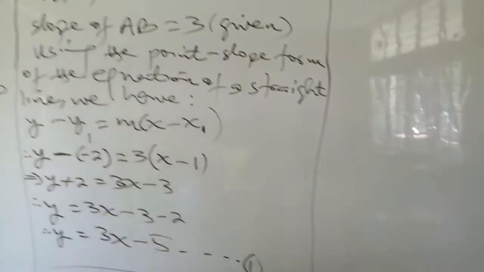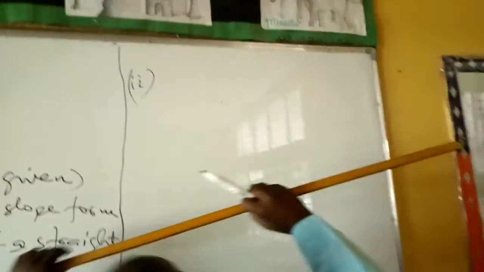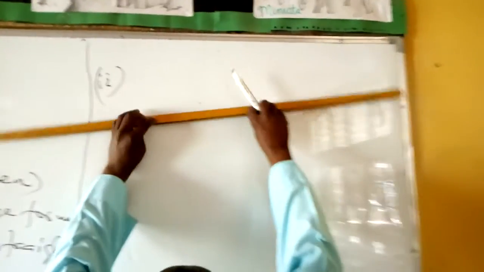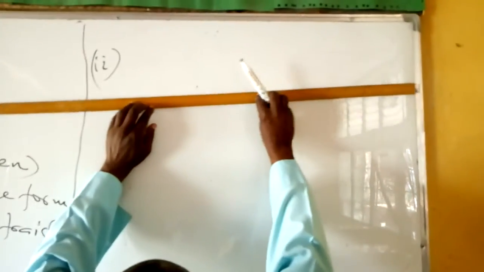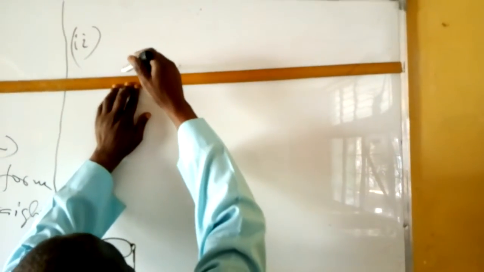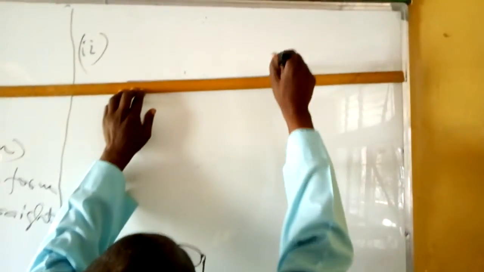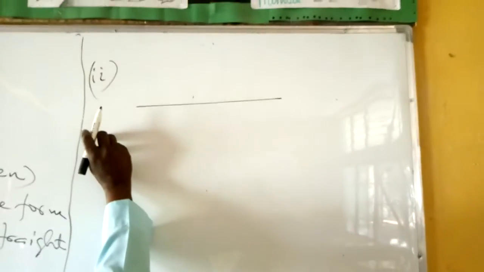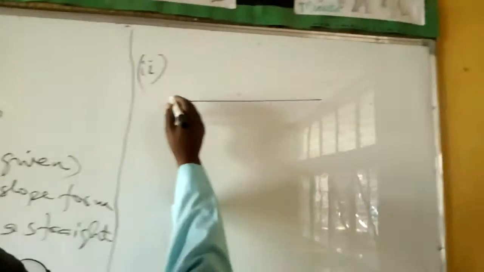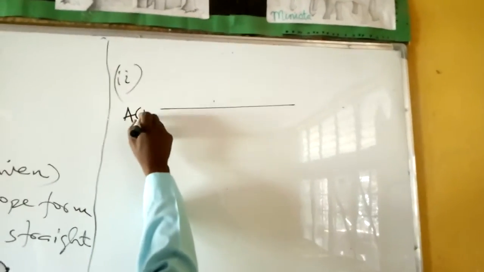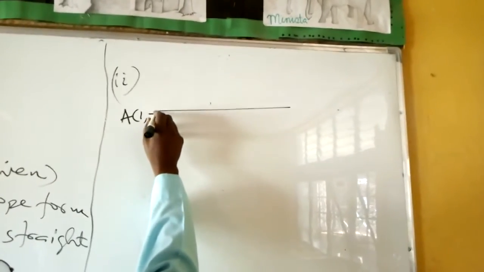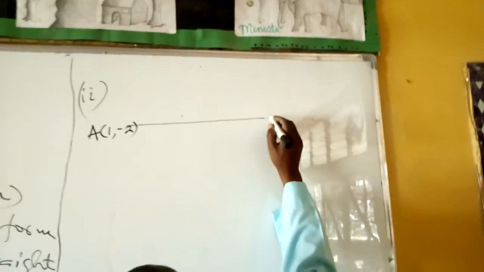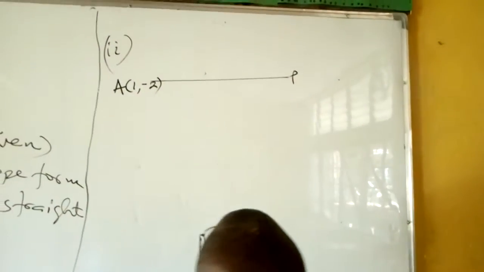Now I can show that information on the sketch. We have the line AP, with A(1, -2) and point P here again, whose coordinates are not known.